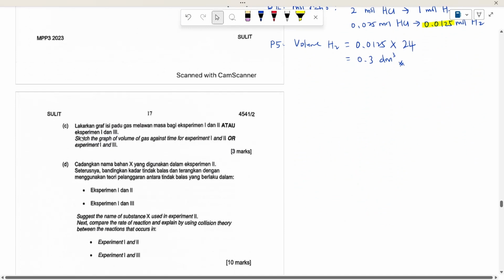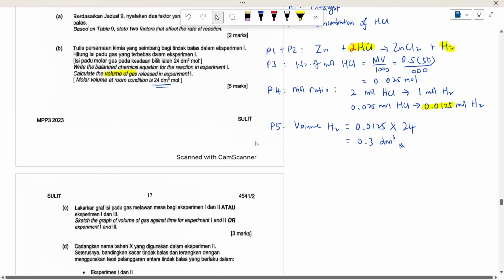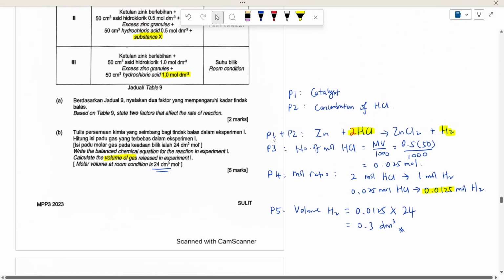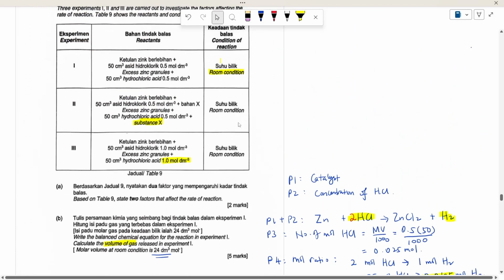Now C. Sketch the graph of volume of gas against time for 1 and 2 or 1 and 3. First we need to check the volume of the gas collected for 1 and 2.